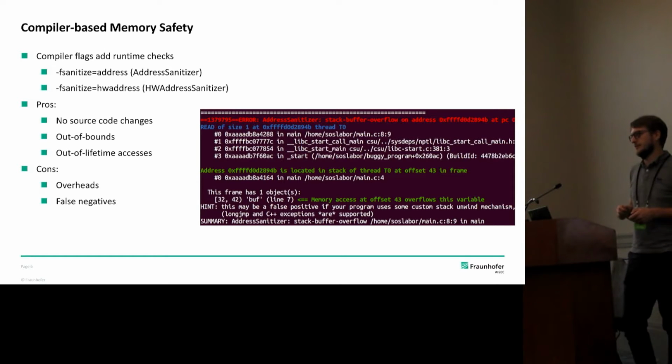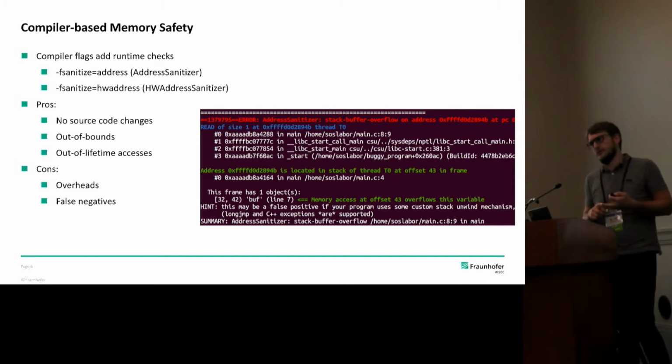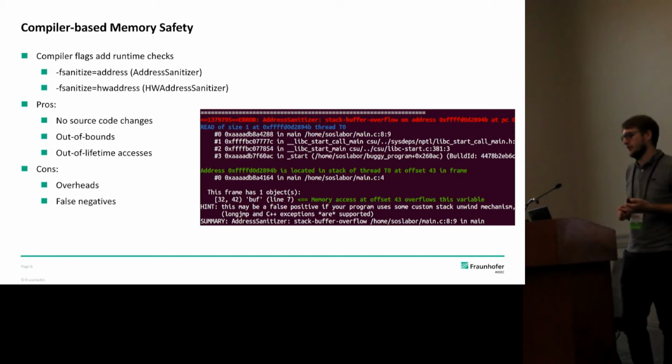The sanitizer will add instrumentation, and when an error is encountered during runtime, the program will crash with an error output. In this case, we can see the error output of the AddressSanitizer. It encountered a stack buffer overflow, and it will give you the stack trace and also which part of your program is responsible for the memory error.